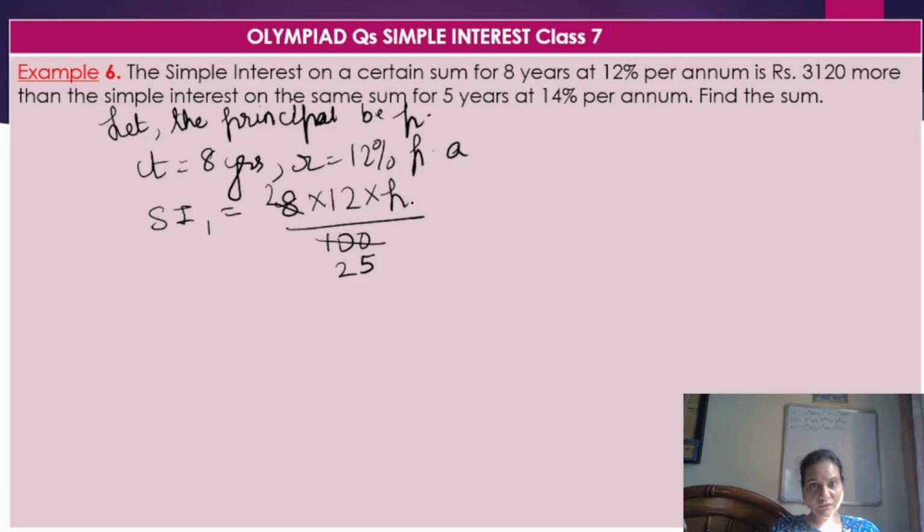So 2 into 12 is 24. So 24P by 25 is the simple interest on the same sum for 8 years and 12% per annum.